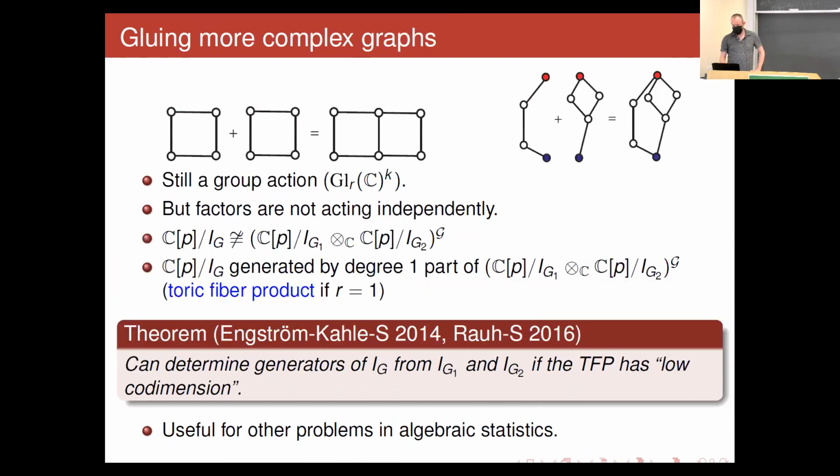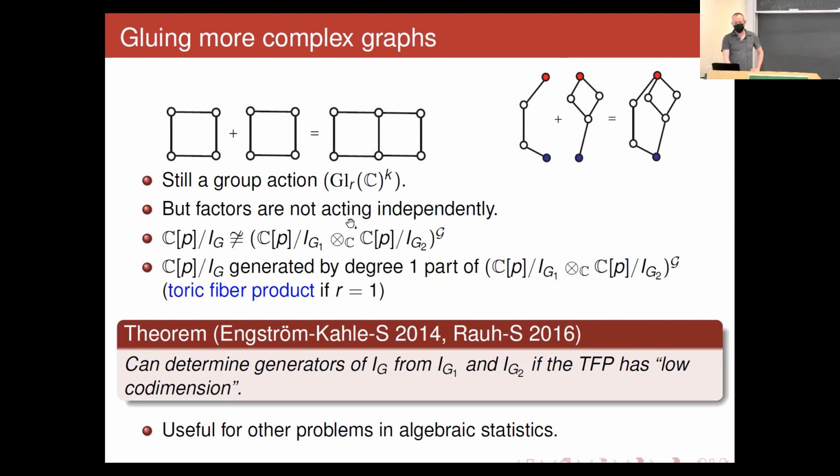One of the things that I've done with some of my collaborators is to try to extend that idea to other contexts, not necessarily related to phylogenetics, but there are lots of situations where you have some variety parameterized by graphs in some way, and then you can do graph operations where you join things together, and there's maybe some kind of group action, and you can think about how that relates the ideals of the components to the ideal corresponding to the bigger graph.